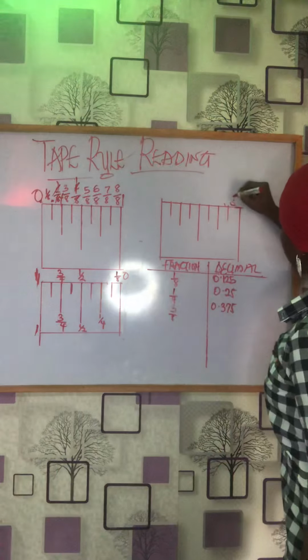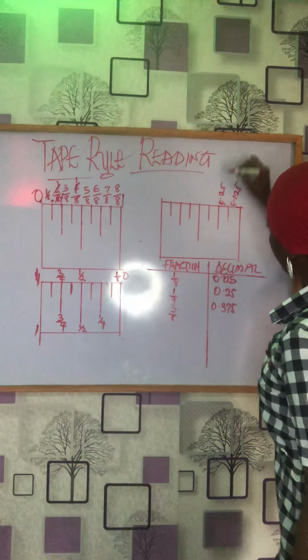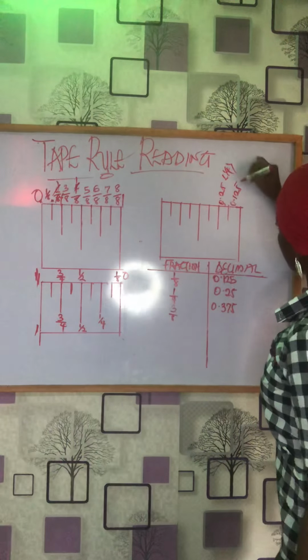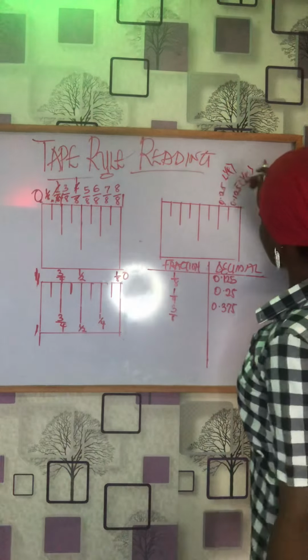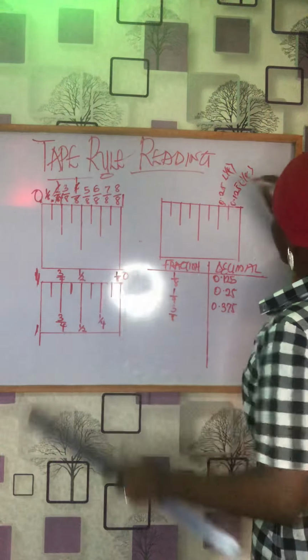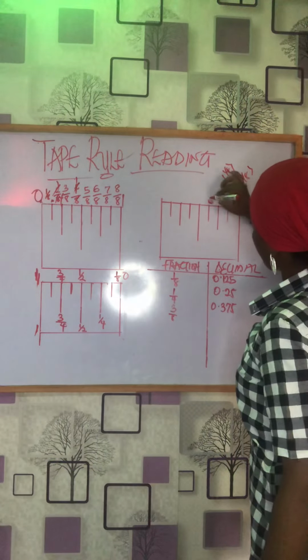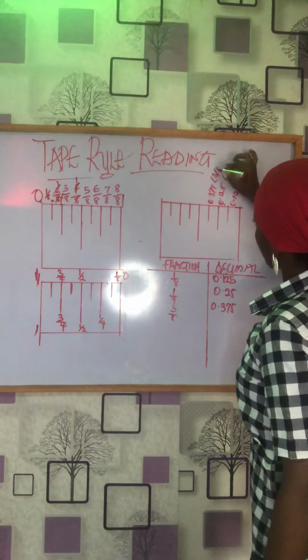This is 0.125. This is 0.25, which is 1 over 4. This is 1 over 8, right? Then this line that is 3 over 8 is 0.375.